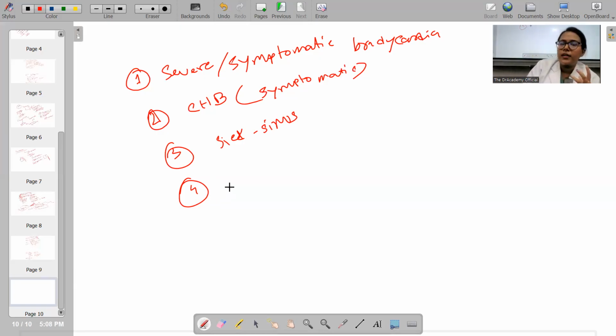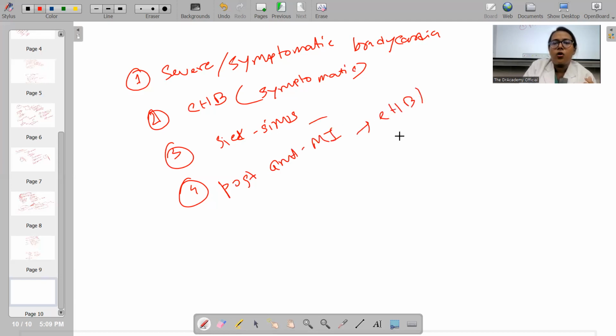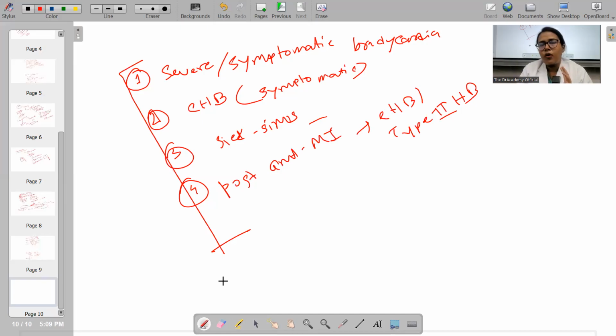But bradycardia is dangerous when there is anterior MI causing complete heart block or Mobitz type 2 heart block. So in case of post anterior MI, the patient is having either CHB or type 2 heart block. These are the important indications for a temporary or permanent pacemaker.